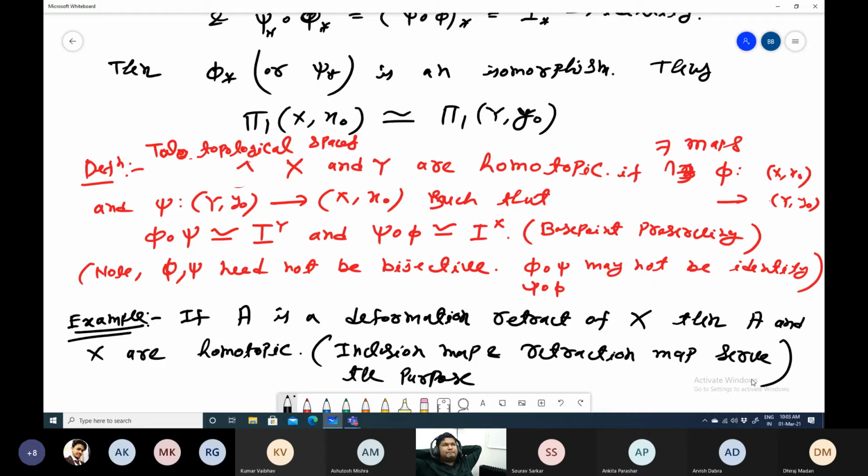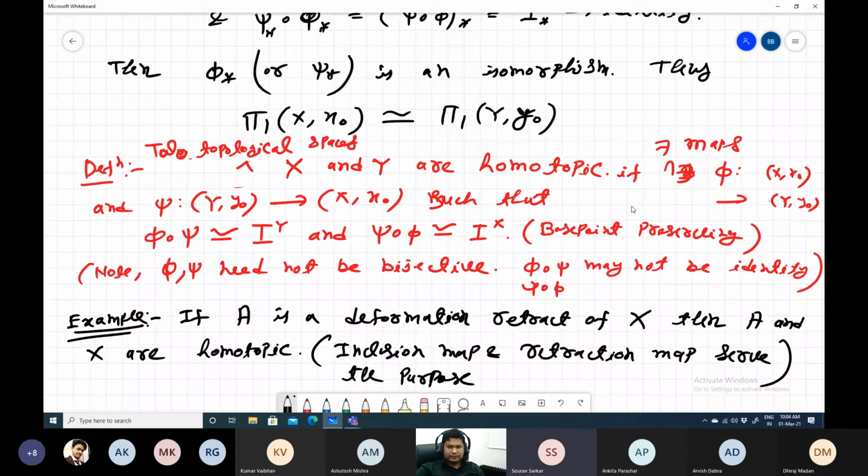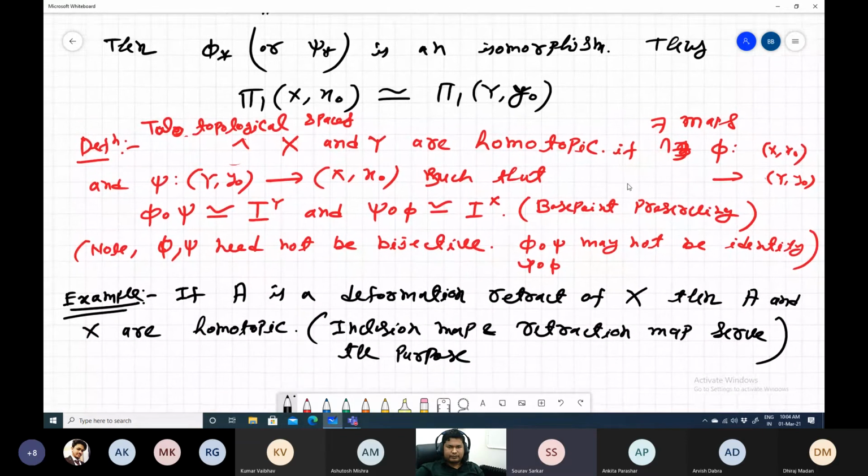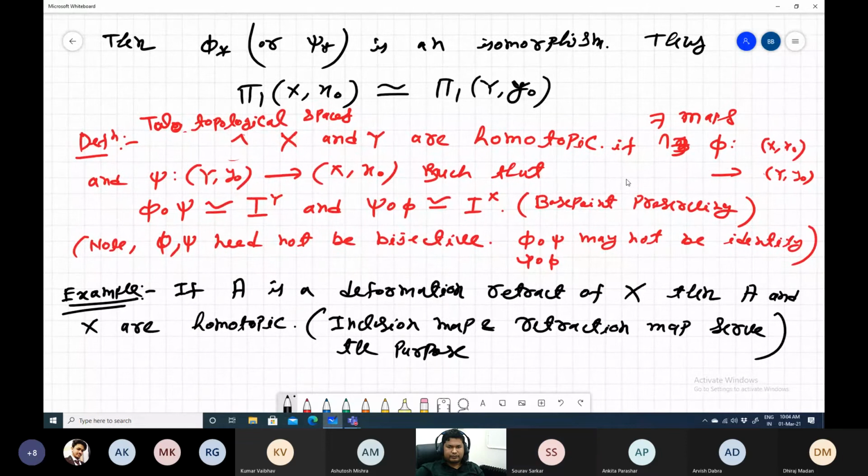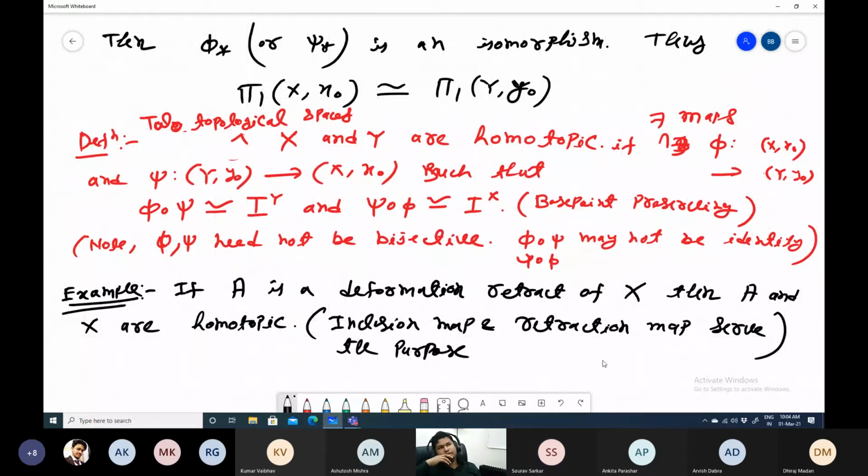There are many. I don't know why I'm not getting any. Okay, just think about that. Sir, can we use the stereographic projection? From S2 minus a single point to R2.